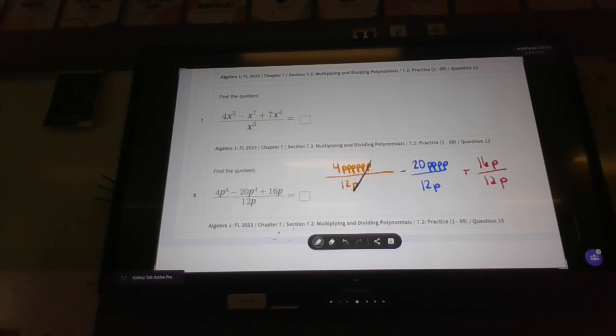I'm going to divide 4 by 4, and 12 by 4. And that leaves 1 over 3. So how many p's are left? 5. Yeah. So instead of a regular number in front, it's a fraction, 1/3. So 20 divides by 4, and 12 divides by 4, making it 5/3.